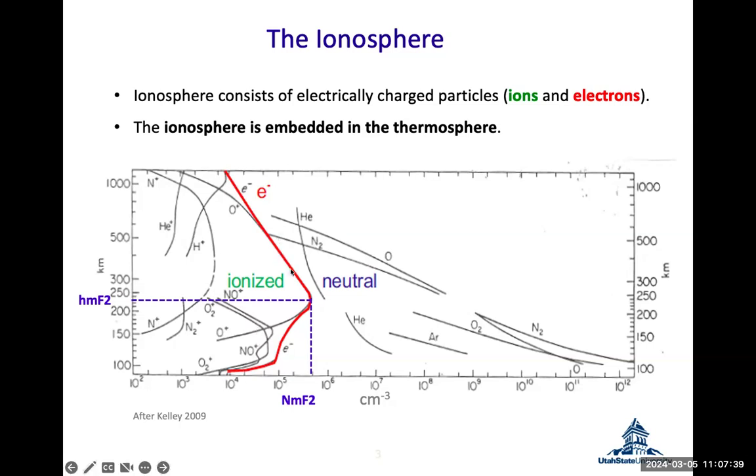In the top part, the O+ density gradually decays, becomes smaller and smaller, but H+ is going to eventually become the major ion, and this is going to be the major ion all the way as we make our way into the plasmasphere. So NmF2 and hmF2 are very important parameters that characterize the ionosphere, as they characterize the altitude region and the peak density of the ionosphere.